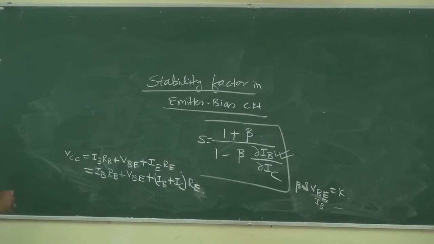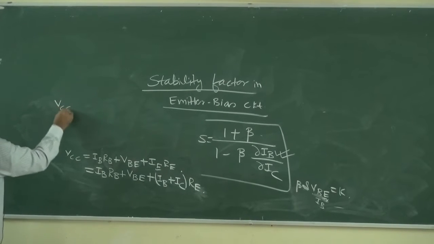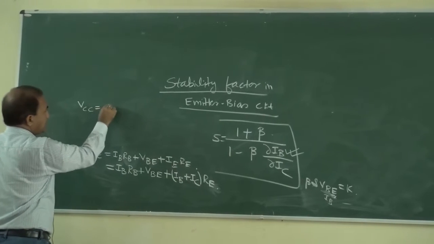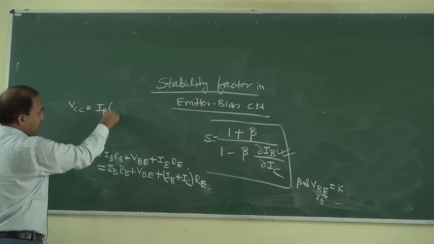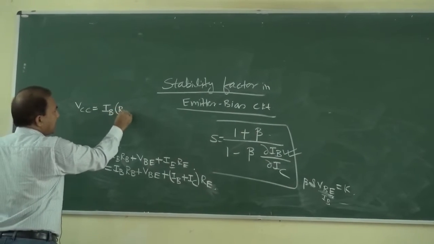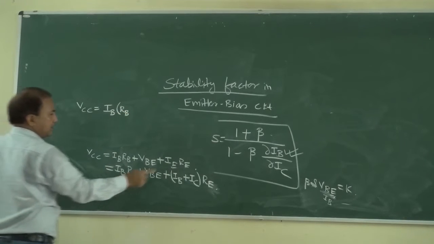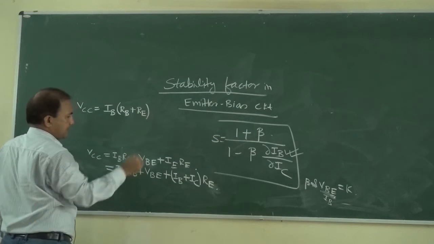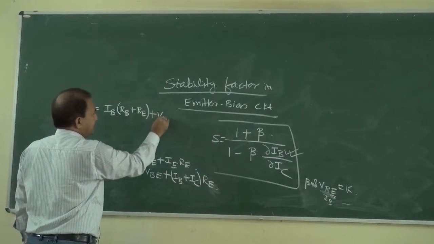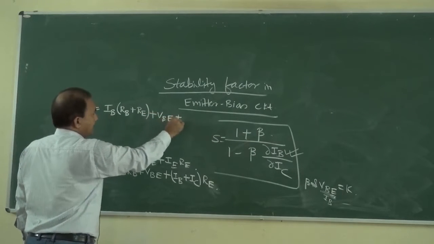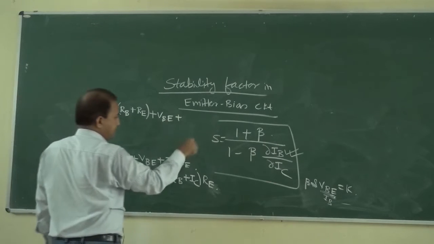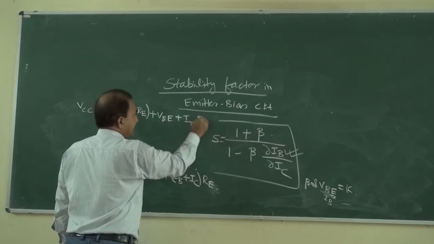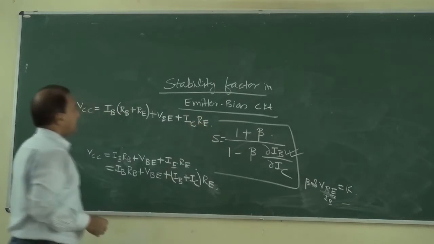So this equation we can write like this. VCC is equal to IB multiplied with (RB plus RE) plus VBE plus IC into RE.